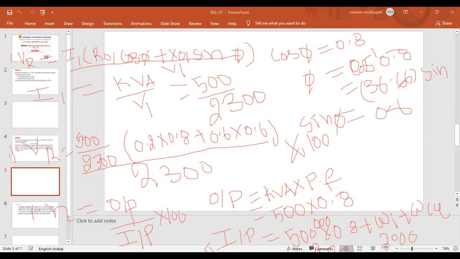Note down those problems in the notebook also, and then you can easily prepare for the exams.